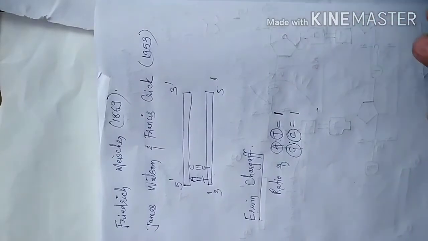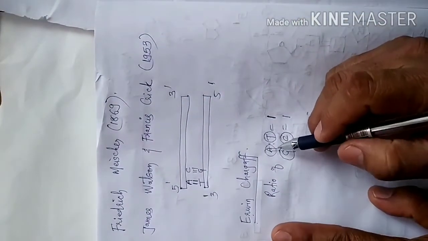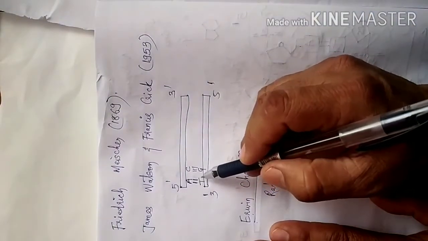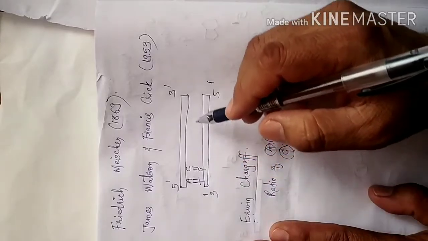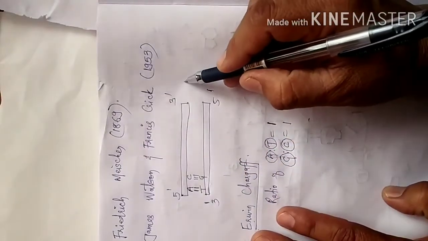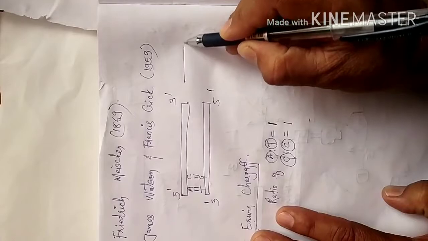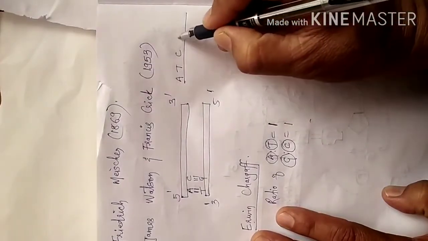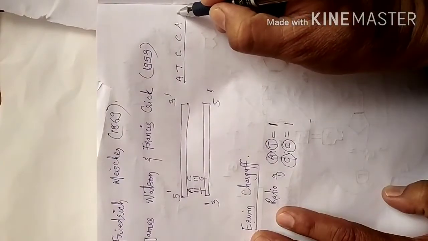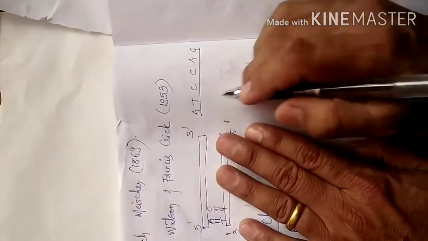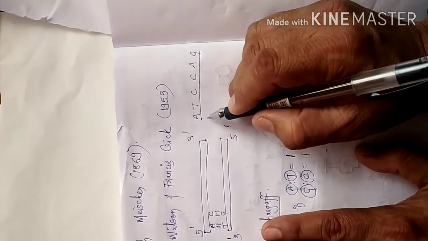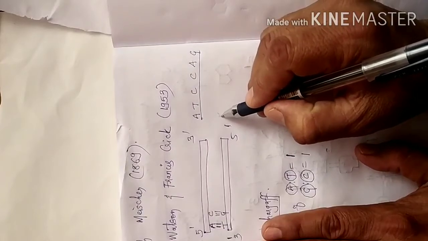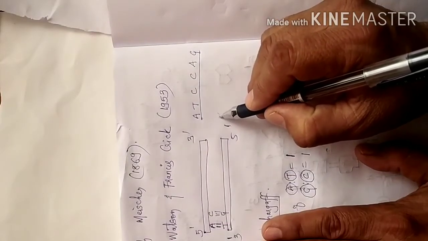With the knowledge of Chargaff's rules came the idea that A bonds with T and G bonds with C. So if we have an idea about the type of bases in one strand of DNA, for example A, T, C, C, A, G, suppose this is the type of nitrogenous bases on one helix of DNA, now we can easily find out the type of bases on the other strand of DNA.